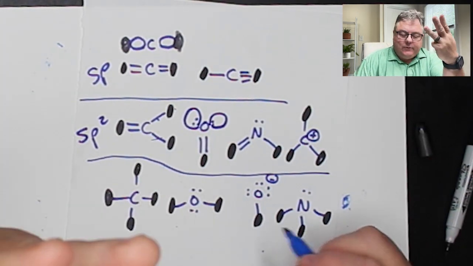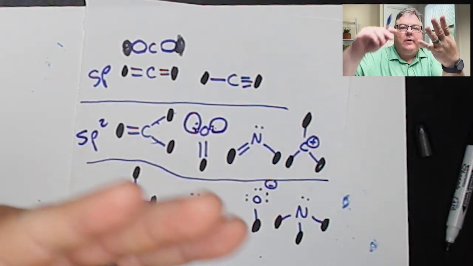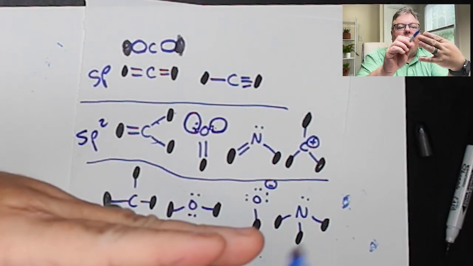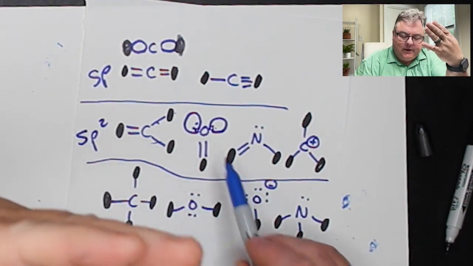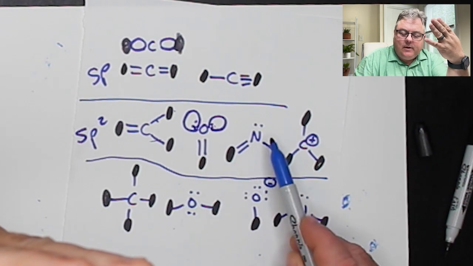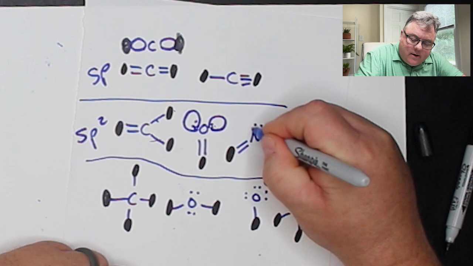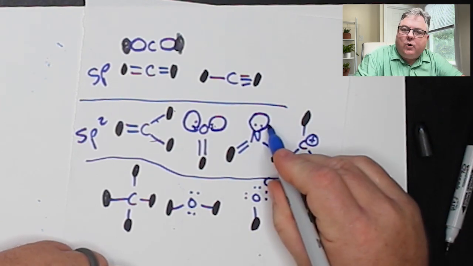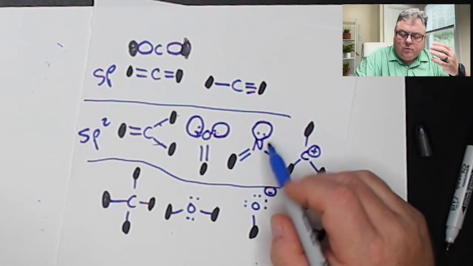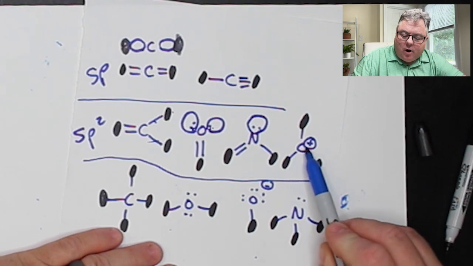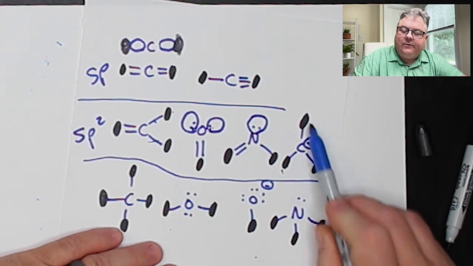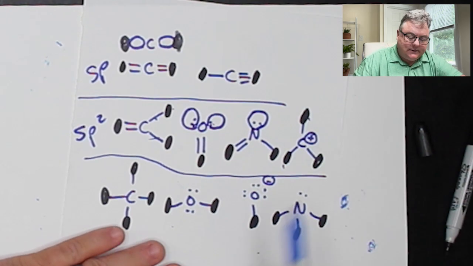So again, I count to three. 1, 2, 3 things. So I'm going to mix them and have three sp2s around that oxygen. This nitrogen has 1, 2, 3 things attached to it. So atom, atom, lone pair, sp2. This carbon with a positive charge has three things on it, sp2, three things.